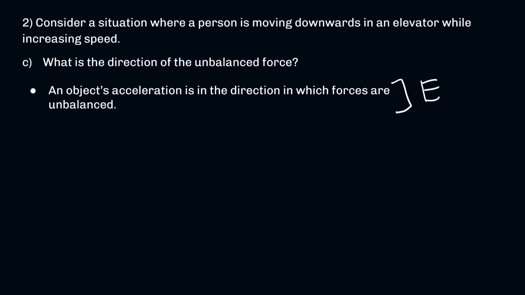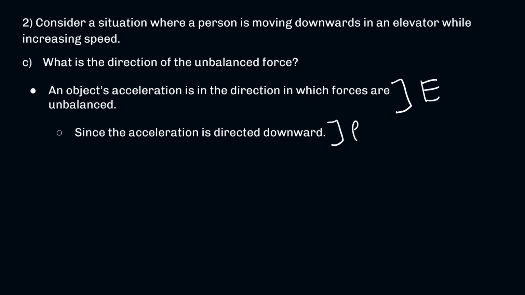So my reasoning can be, since the acceleration is directed downward, we figured that out in part B, because again, we are moving downwards while increasing speed, acceleration is in the direction of motion. So since the acceleration is directed downward, that's my reasoning. I can then have my claim, which is going to be my answer here, that my unbalanced force is going to be downward. And that is going to be my claim for this situation.